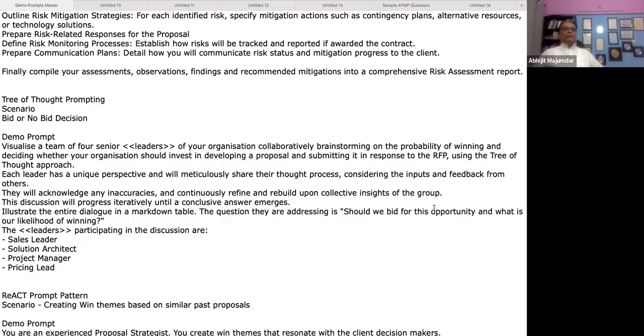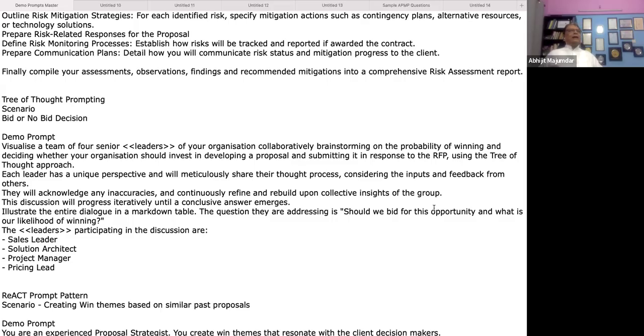How will I do that? I will follow the same way and create a scenario: there is a sales leader, a solution architect, a project manager, and a pricing lead. These are the people whose opinion and experience matter in taking a bid or no bid decision.